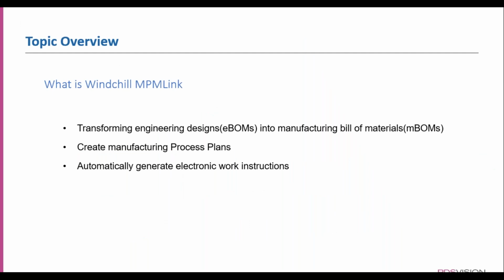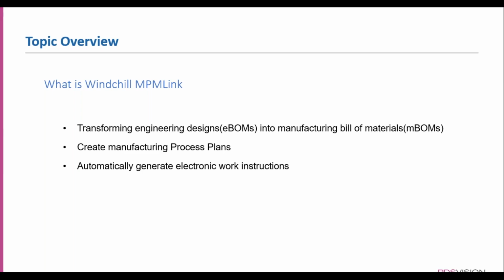Coming to today's topic, an overview of what is Windchill MPMLink. Windchill MPMLink is a module of Windchill, and this module helps us to transform the E bill of material, that is the design BOMs which are present in Windchill, into the manufacturing bill of material.